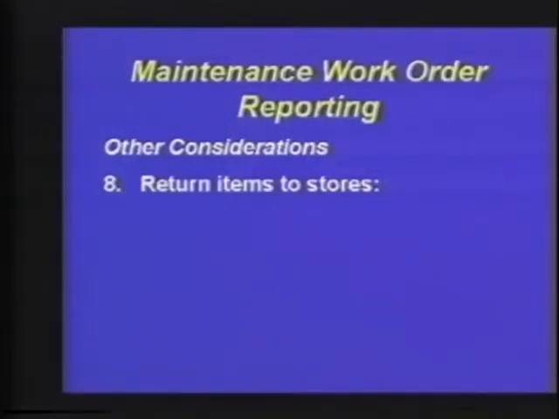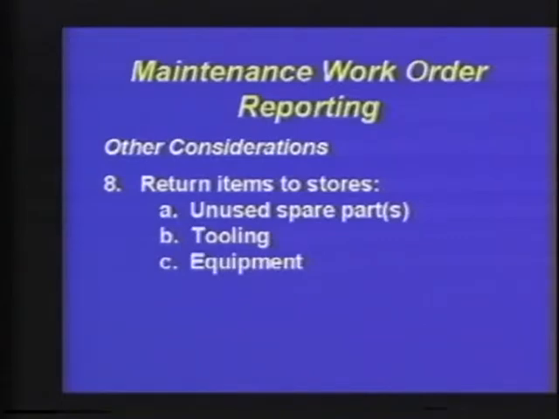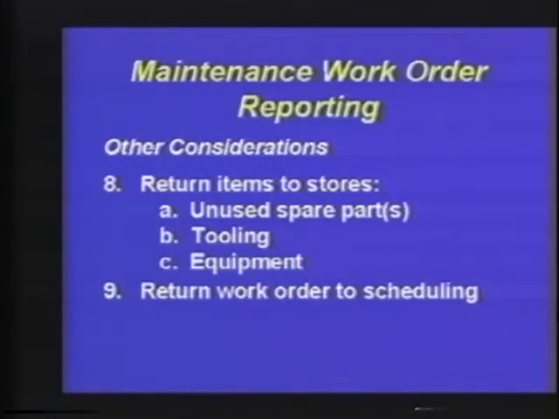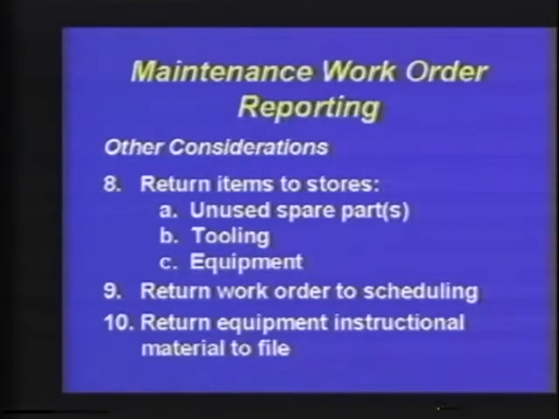Now, the other considerations, item 8, is the return of the various items such as unused spare parts, the tooling, and the equipment. And then we would return the work order to planning and scheduling, which is item number 9. And that work order would be reviewed by not only the planner scheduler, but by maintenance supervision.